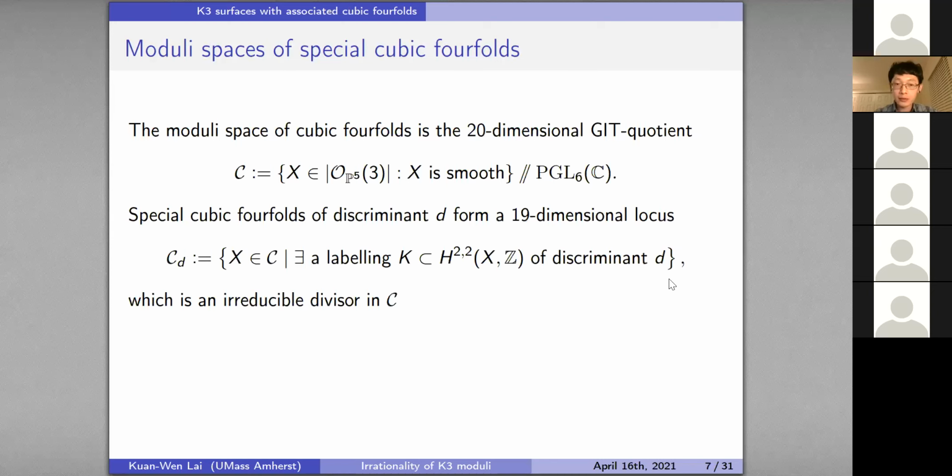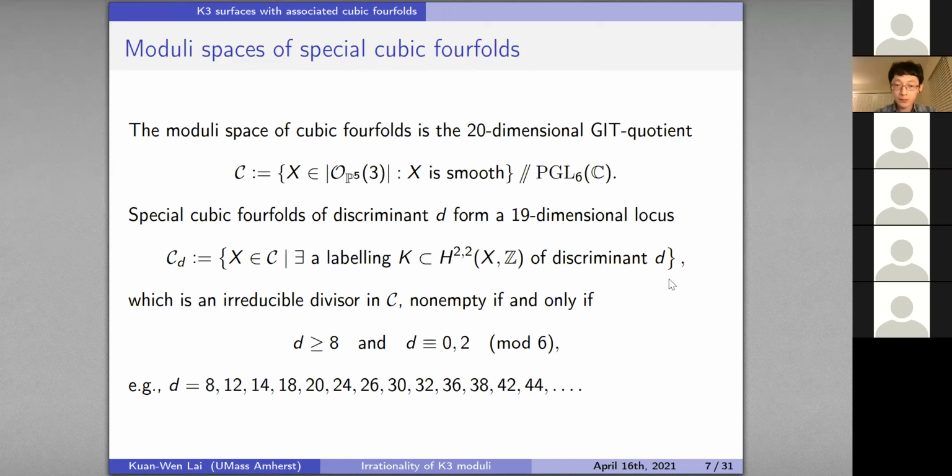Special cubic fourfolds which carry a labeling of discriminant D, or briefly special cubic fourfolds of discriminant D, form this 19-dimensional locus. It's a Noether-Lefschetz locus consisting of cubic fourfolds containing a labeling of discriminant D. It was proved by Hassett that every such C_D is an irreducible divisor, and it's non-empty if and only if D is greater than or equal to 8 and congruent to 0 or 2 modulo 6.